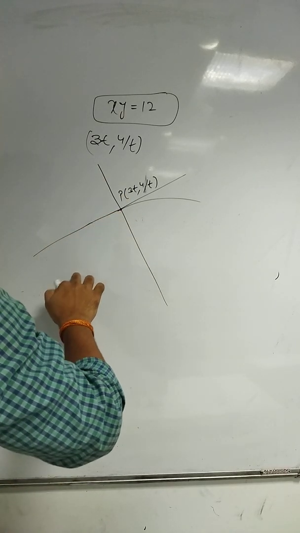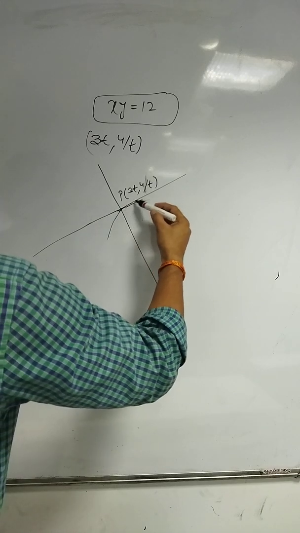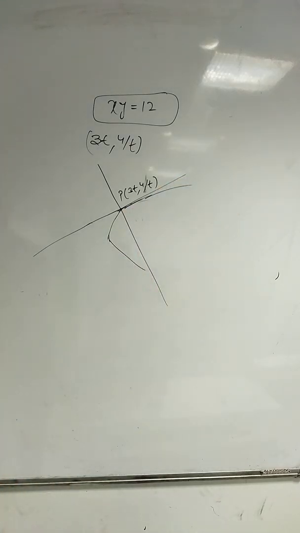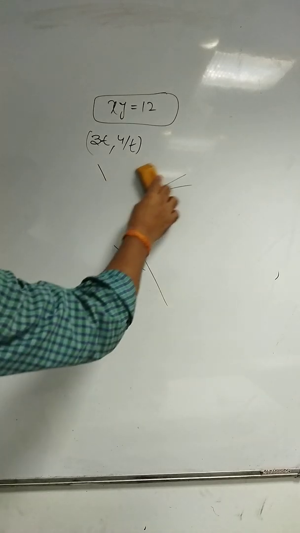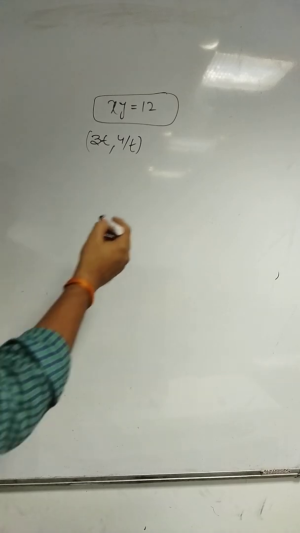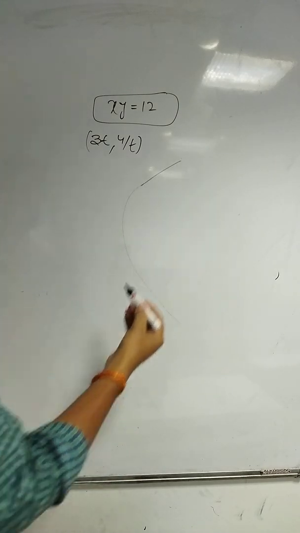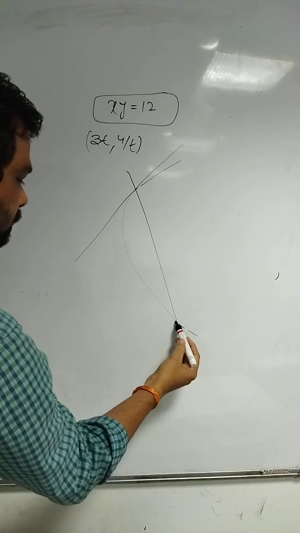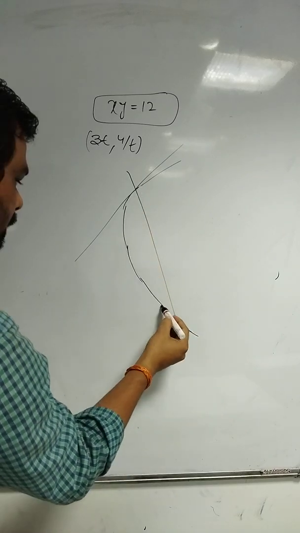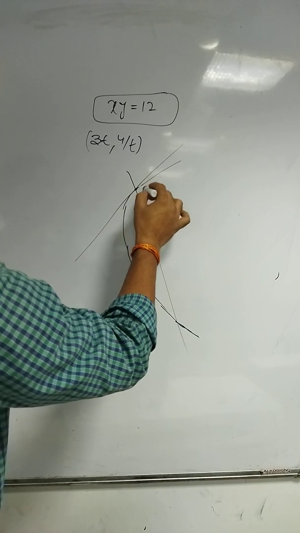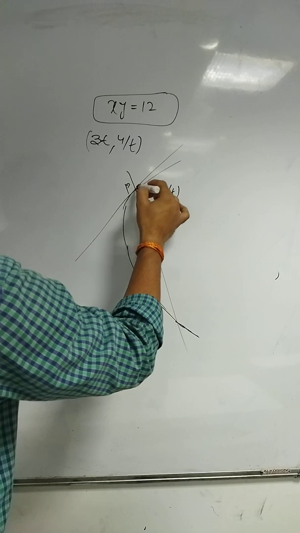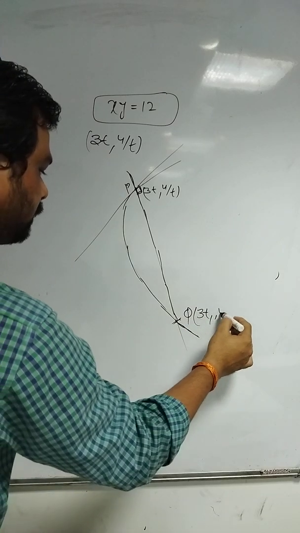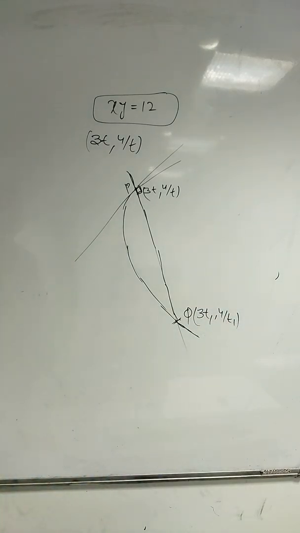Let me take the graph in this way. At this point we drew the normal, and this is the function curve, (3t, 4 by t). This is the point P, and the normal at point P is cutting the curve again at a point Q, and this is (3t1, 4 by t1), and you have to find t1 in terms of t.